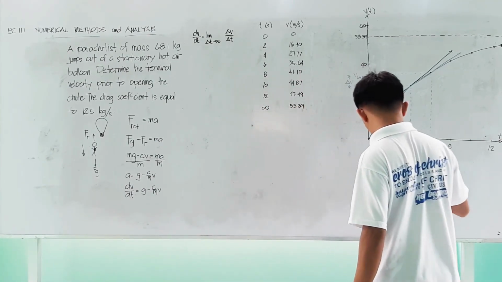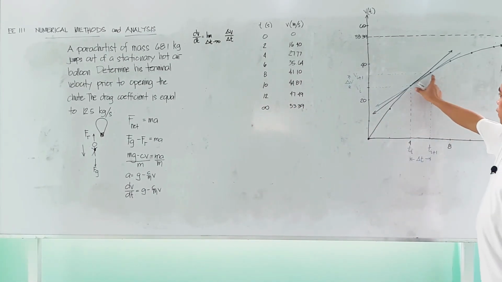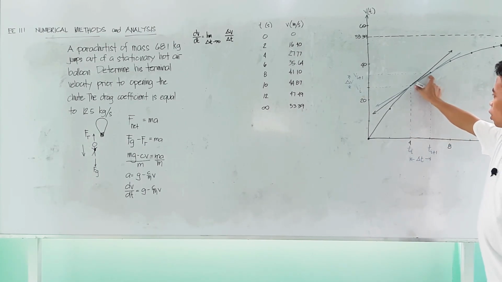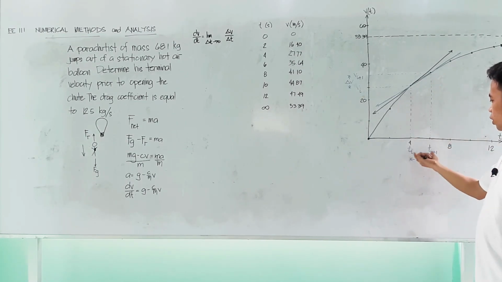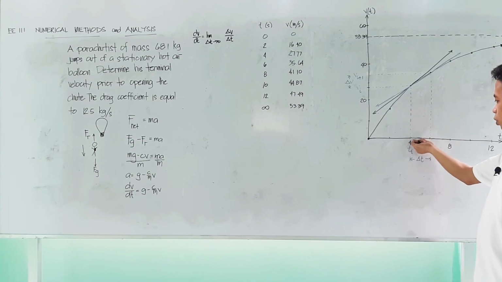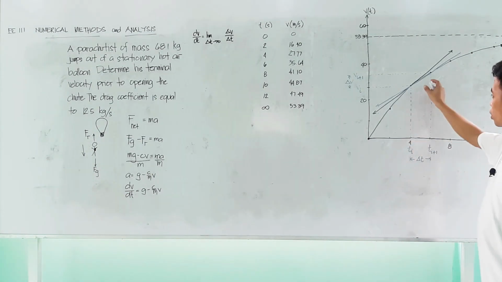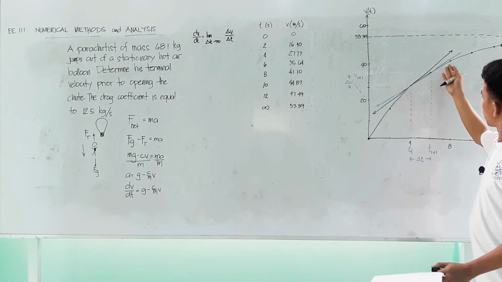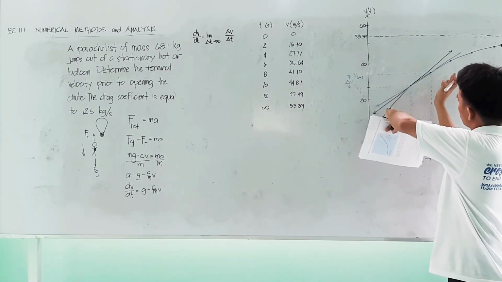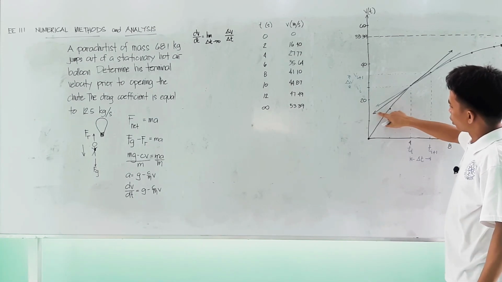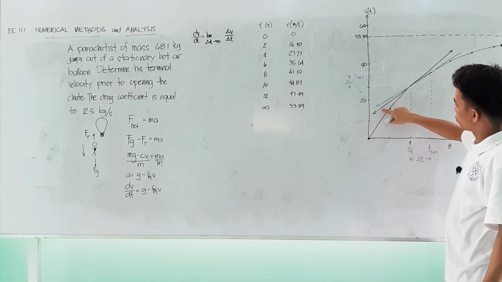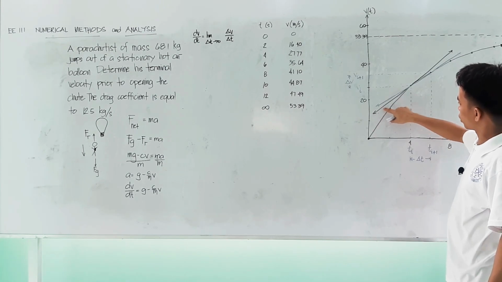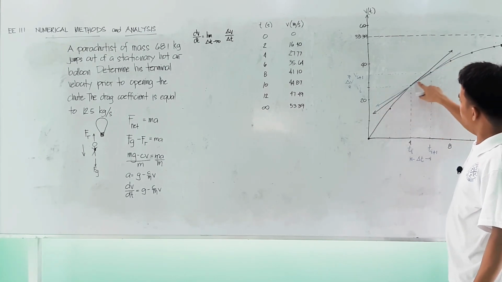That is, as our delta t approaches 0, okay? As this approaches 0, this slope will approximately become equal to the slope of this line.